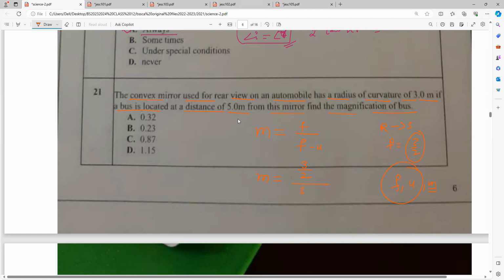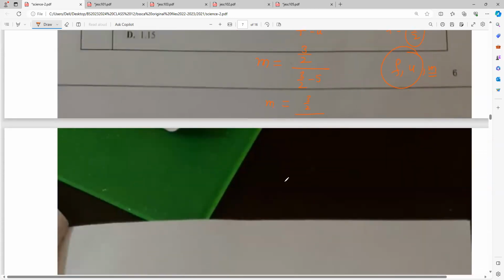3 by 2 divided by 3 by 2 minus the object distance, which is 5. So no need of sign convention, already we are taking it. So now what is the answer? M is equal to 3 by 2 divided by 3 minus 10, divided by 2. So the 2 will get cancelled.